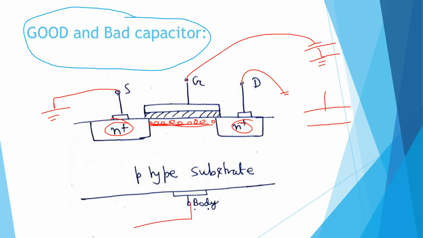See, you know that the body is connected with the source, that is short circuited, and the source is grounded. So where does the positive charge plate of the capacitor go? Obviously it should connect somewhere, right? Any electrical component cannot be completely open circuit.